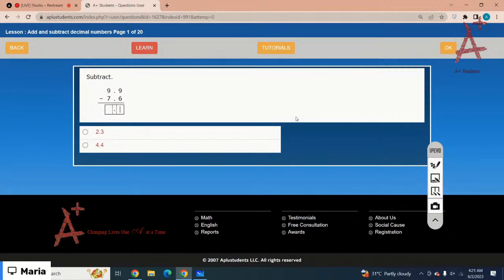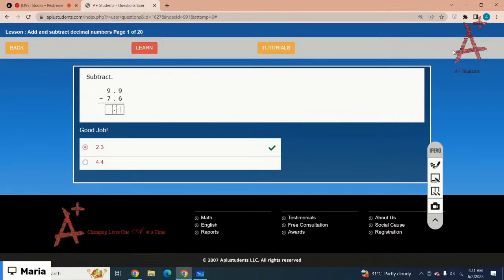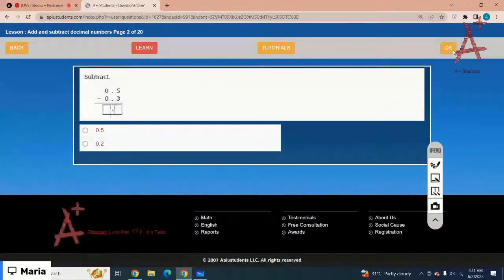So that would be 2.3 is the correct option. Okay, the next one is 0.5 take away 0.3. So which is the correct option? It would be 0.2. Got it? 0.5 take away 0.3 is 0.2. The correct option is the second one.